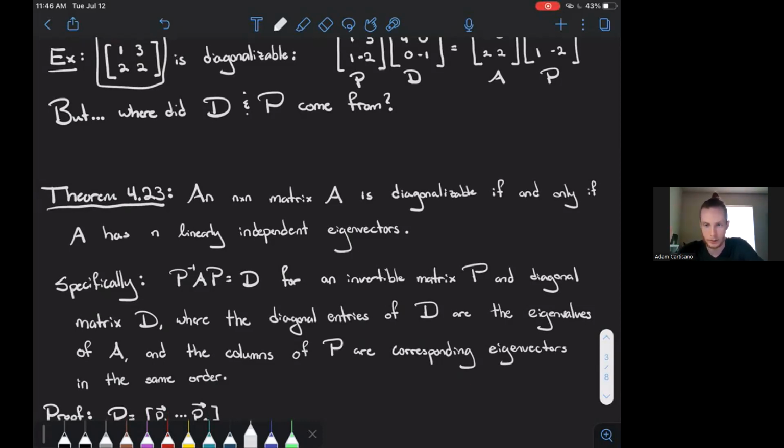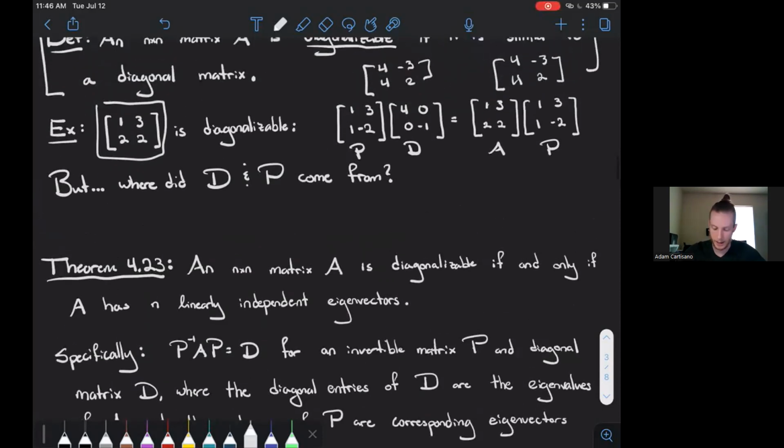That we already knew because the eigenvalues of a diagonal matrix are the entries on that diagonal, and similar matrices have the same eigenvalues. That was the last theorem that we saw. So the eigenvalues of A must be the eigenvalues of D.